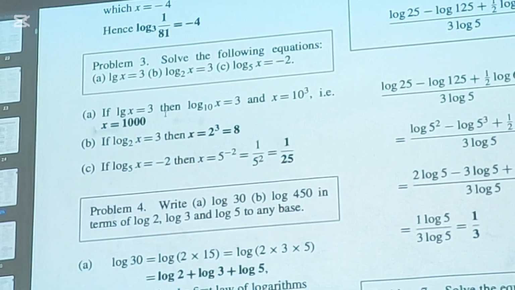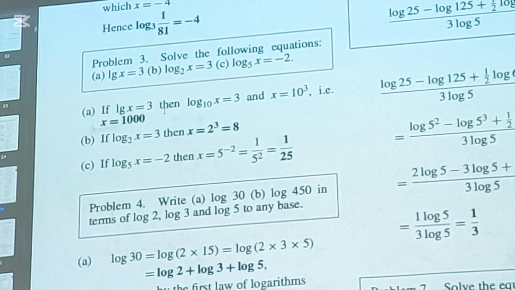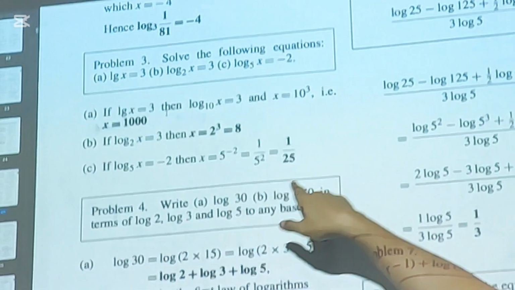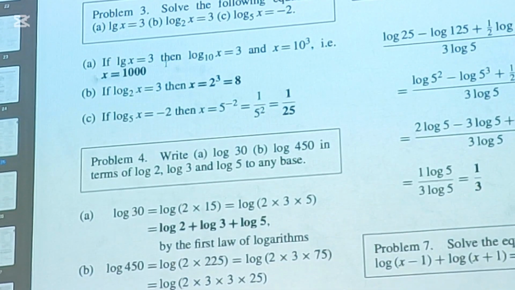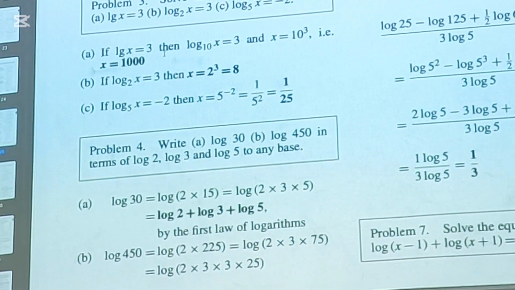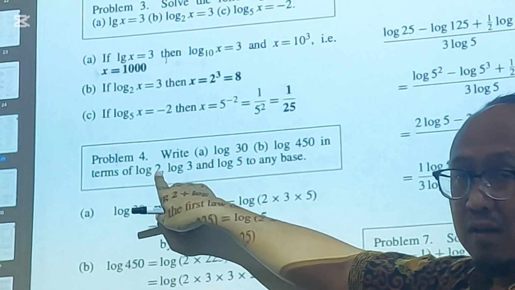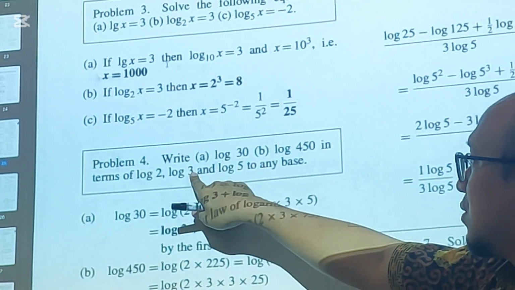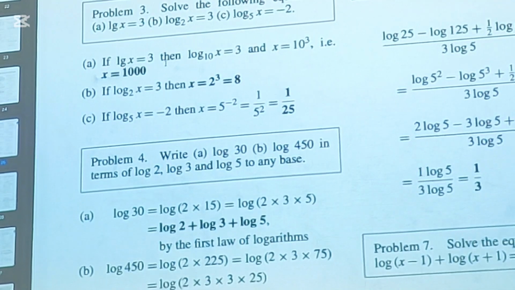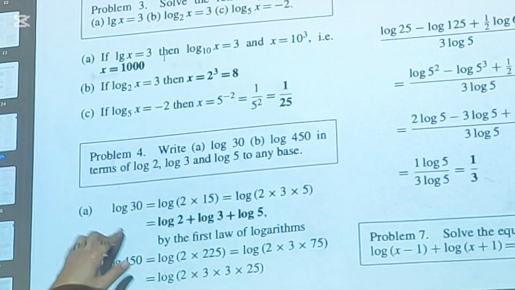So it means that you have to convert this number using the first, second or third law, using the numbers 2, 3 or 5. For example, for log 30.